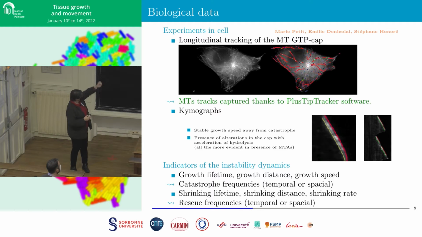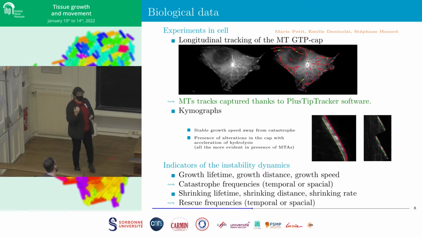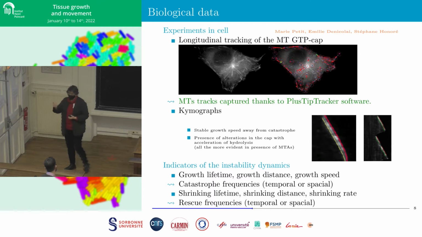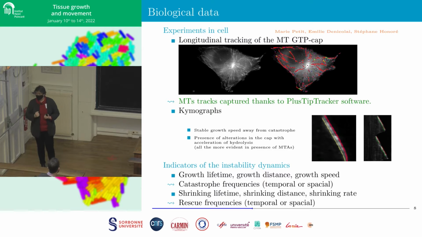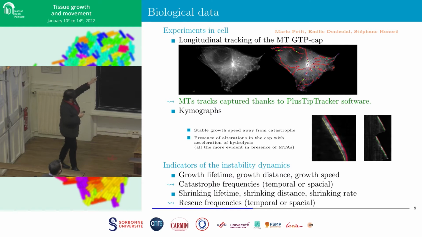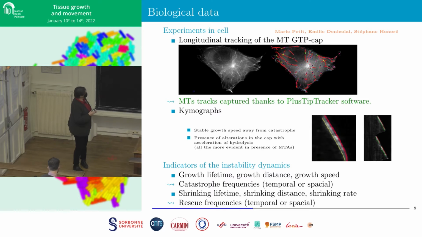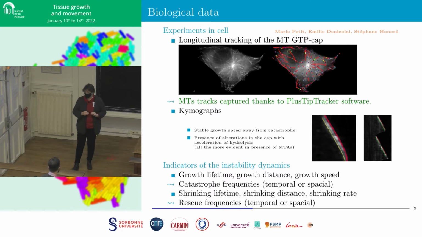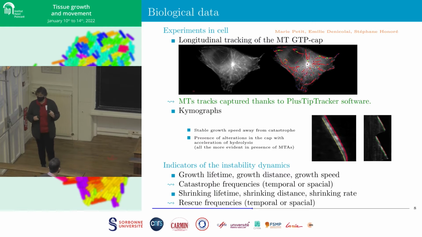First the cap increases, in fact the distance to the boundary increases. The polymerization speed rate is almost constant at the beginning, and it's about the same for the hydrolysis. After some time, you see that the cap disappears. The disappearance of the cap corresponds to a catastrophe.